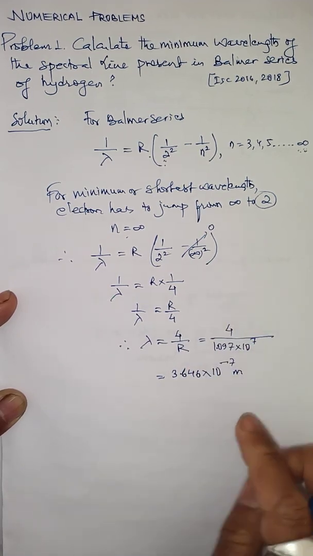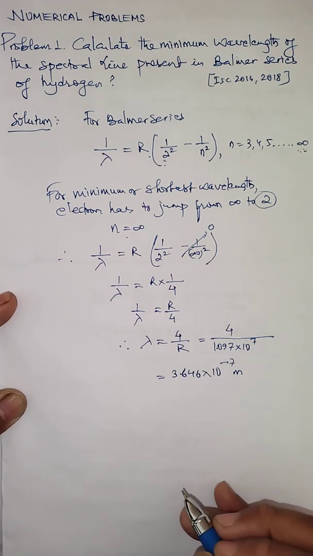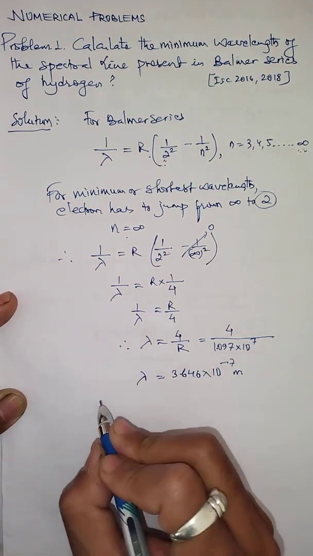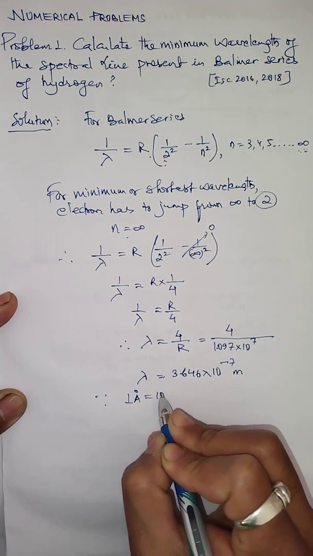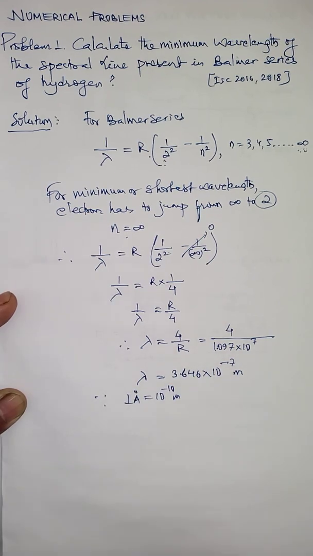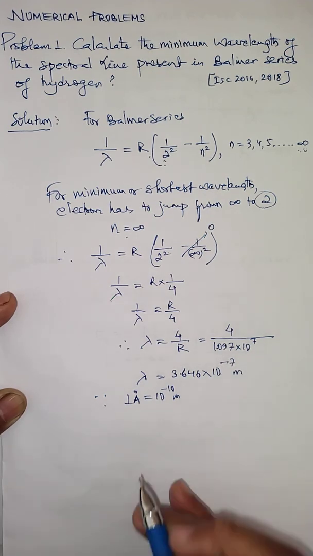This is measured in meter. But when we are asked to measure the wavelength, we keep the unit in Angstrom, so we change meter into Angstrom. You know 1 Angstrom equals 10 to the minus 10 meter. So I have to make this power minus 7 into minus 10.